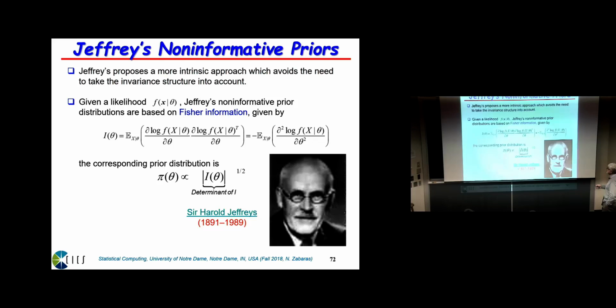So basically, the pi of theta is the square root of the determinant of the Fisher information, where the Fisher information is defined from the Hessian of the log likelihood. If you read a little bit more about information theory, you will understand where this is coming from, but more or less, this is the formula for Jeffreys non-informative priors.